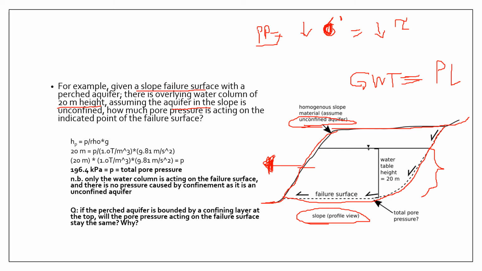All right, so we have to know how much total pore pressure is acting at this point. We have this height of water table, which is 20 meters. All we have to do is go back to the equation.